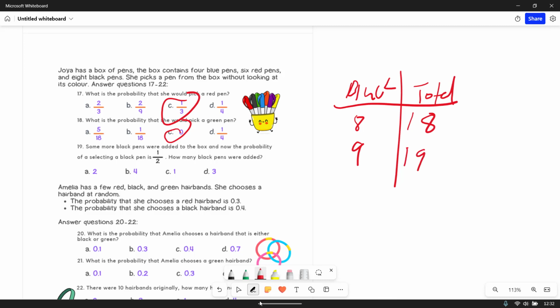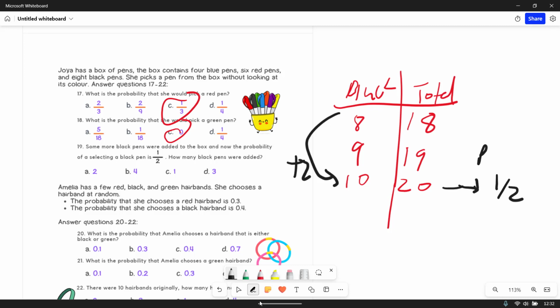Is it half? No. Another one here, 10, and another one here, 20. That's it. So that makes it half. So we had 2 black pens added then. So to get to here, plus 2, and that gives you a probability of a half. So P of black equals a half. So it's going to be plus 2. So 19 should be 8.